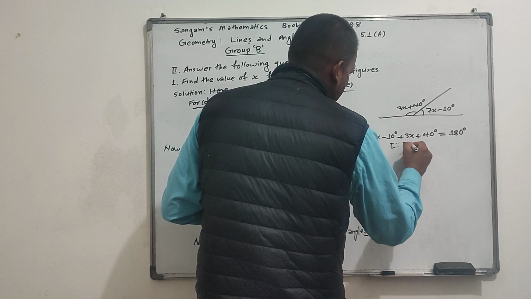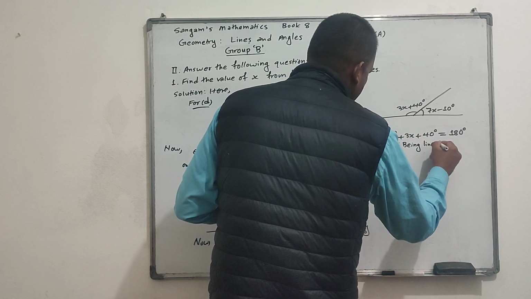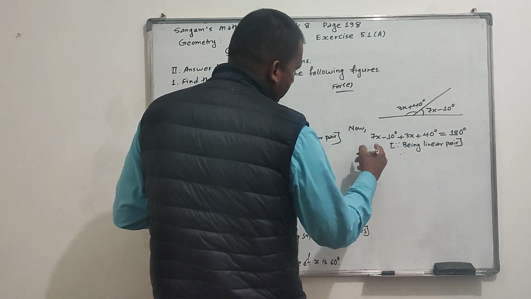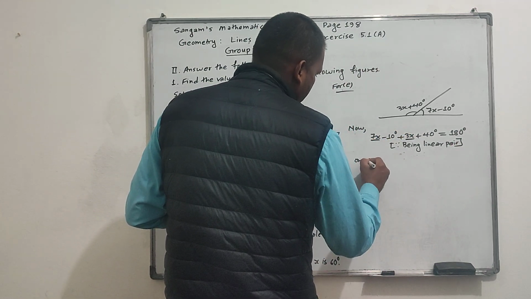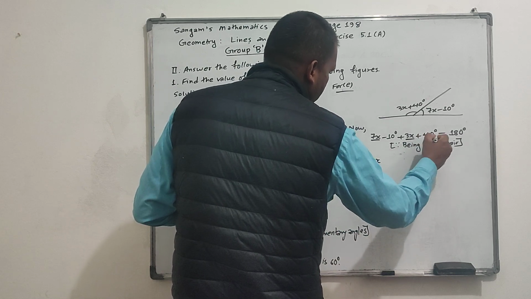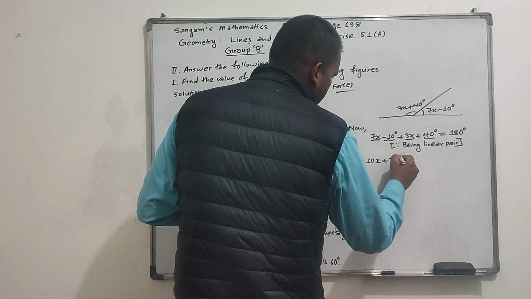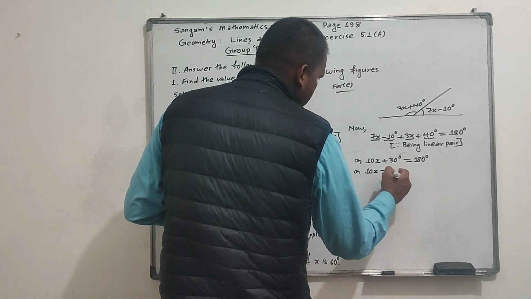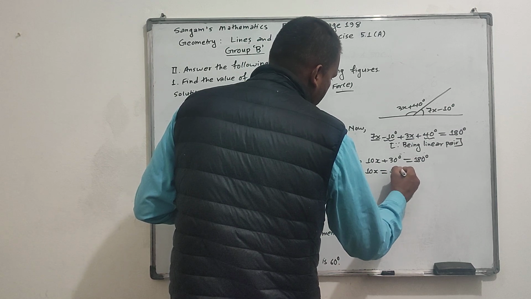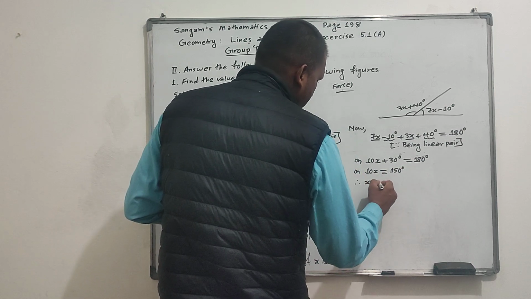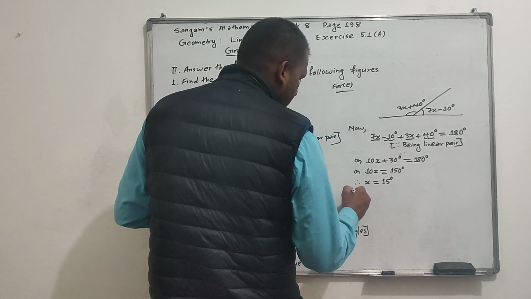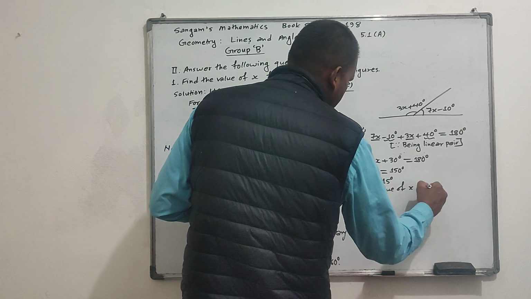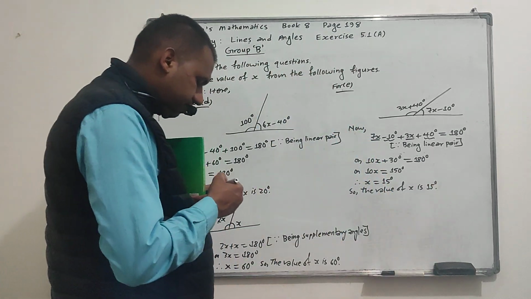Reason, because being linear pair, or now adding like terms, 7x plus 3x makes 10x, 40 minus 10, that is plus 30 degrees, equal to 180 degrees, or 10x equal to 180 minus 30, that is 150 degrees. Therefore x equal to 15 degrees. So the value of x is 15 degrees.